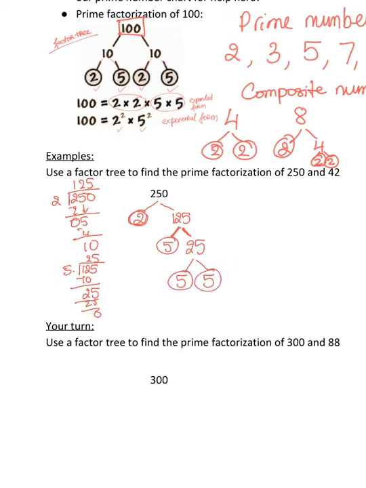So 250, if I need to write it in expanded form, will be 2 times 5 times 5 times 5. And the exponential form will be 2 times 5 raised to the power of 3.